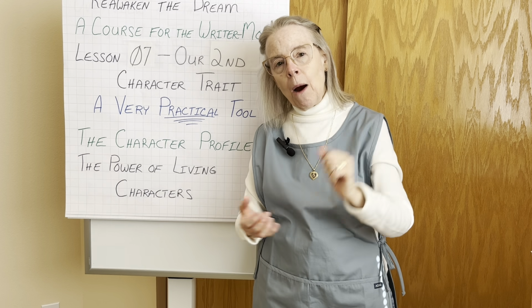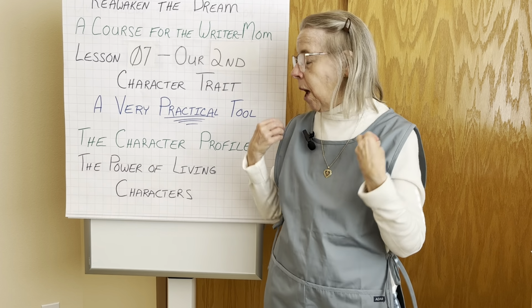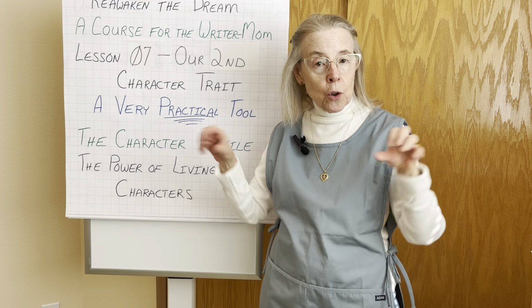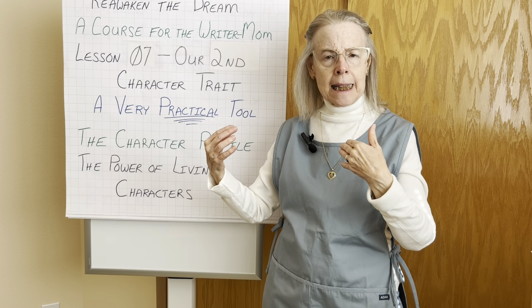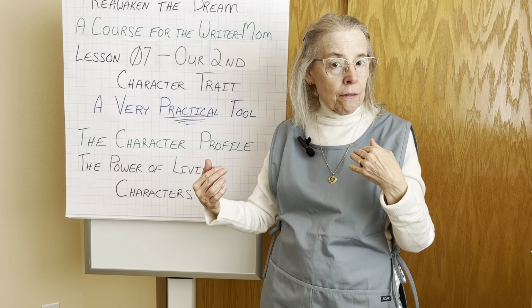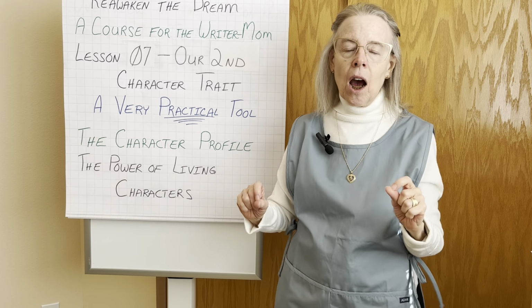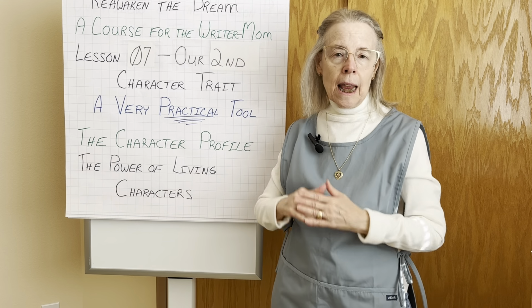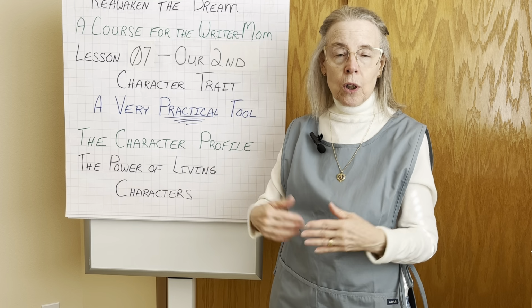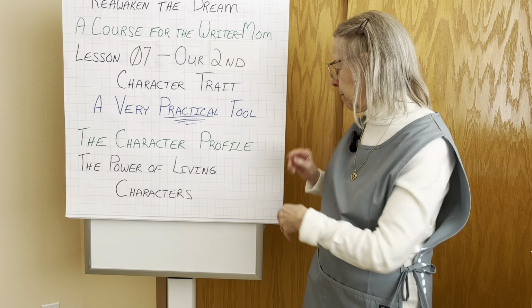It has two powers. For you, it gives you the power of living characters so that you can write your characters consistently at the right emotional intensity, practically without effort. And the lovely other side is that your reader will immediately pick up on those same emotions because those emotions are common to all of us.